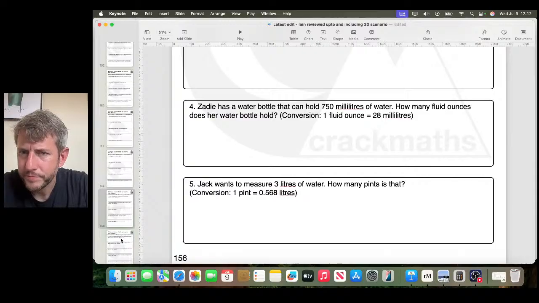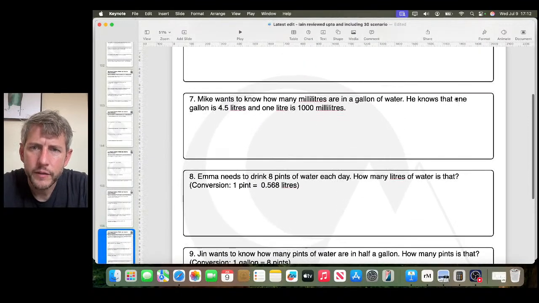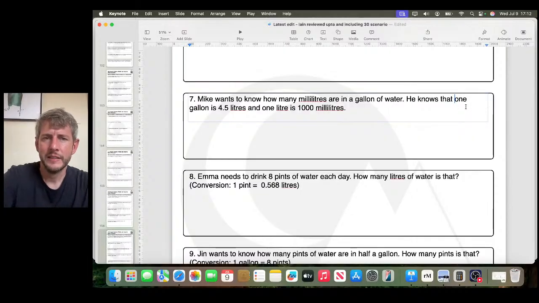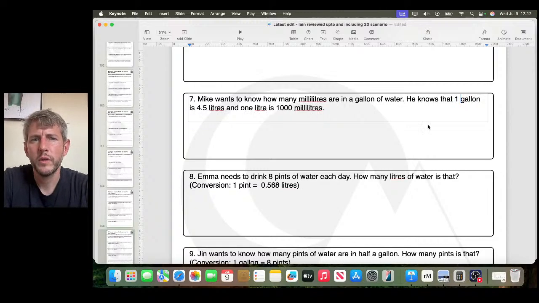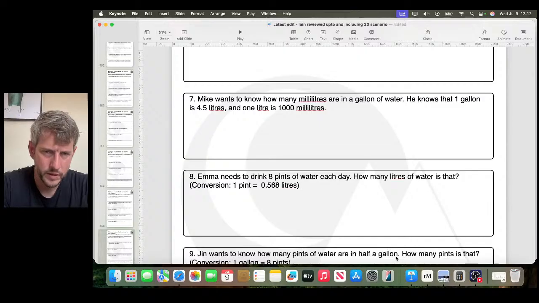He knows that 1 gallon is 4.5 litres, and 1 litre is 1,000 millilitres.